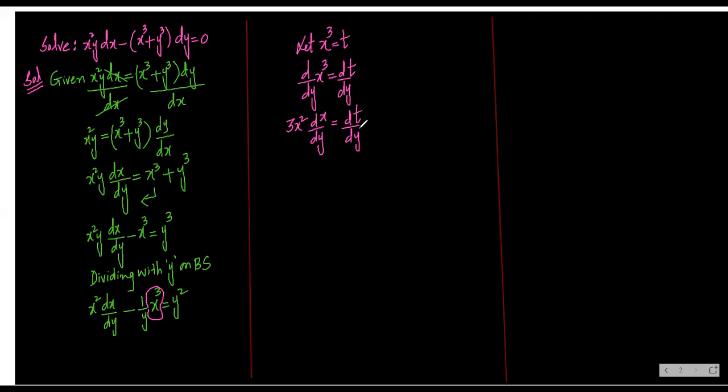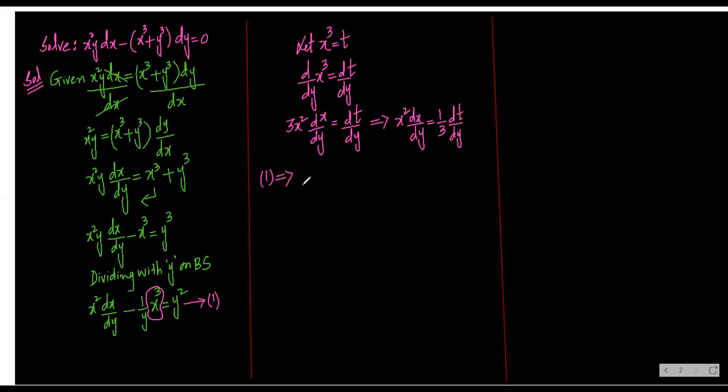So this equation number 1 will be taken here. If we replace all these values in equation number 1, it will reduce to, if you put all these values here, we can do one more step. We can divide this 3 that side, that is x square dx by dy equals, if 3 goes that side, becomes 1 by 3 into d by dy of t.